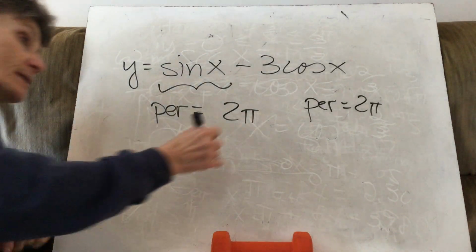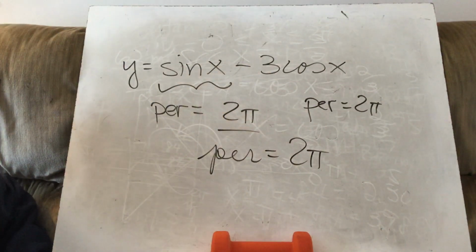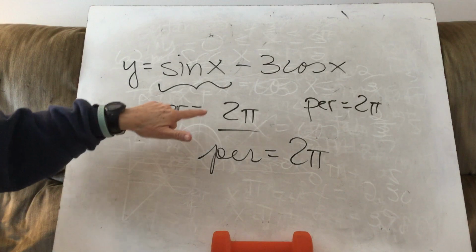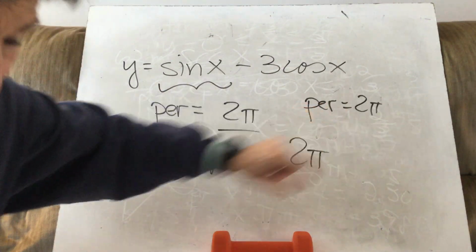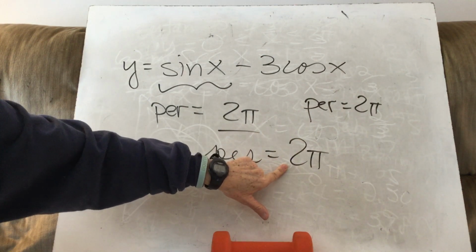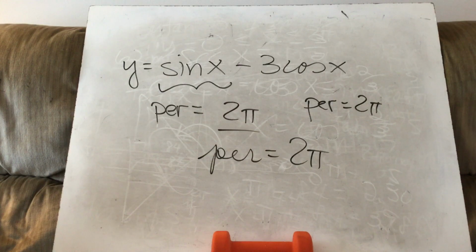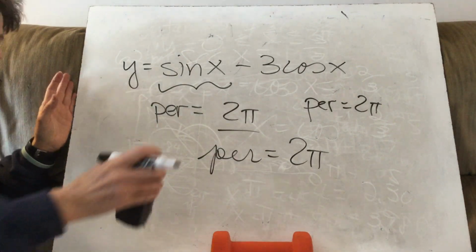And the period is 2 pi. So for problem A, it's a sinusoid because these are both 2 pi, and whatever these are is going to be the period of the answer, or the sum or difference.